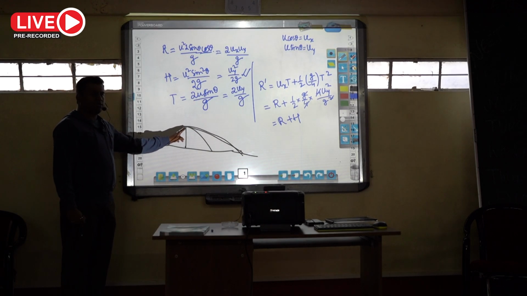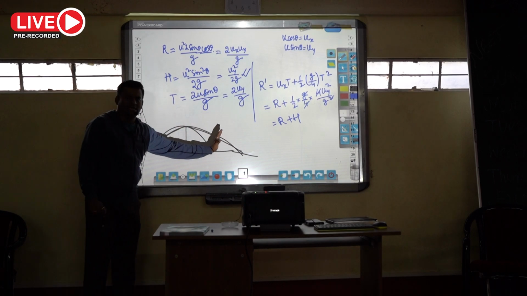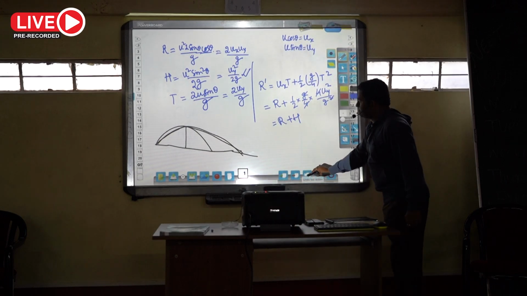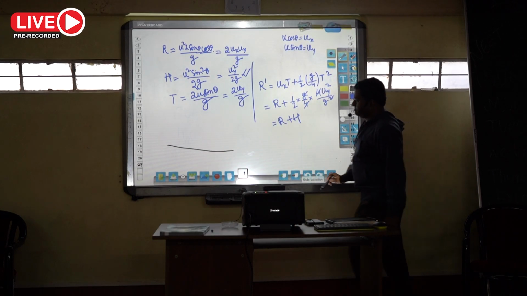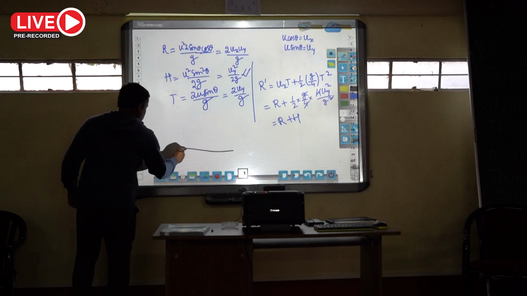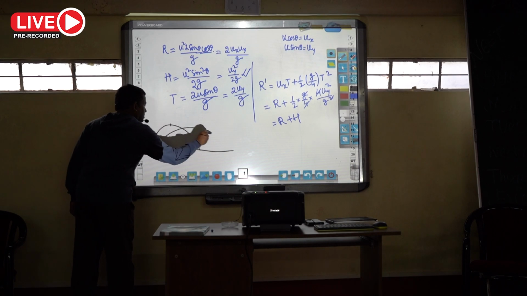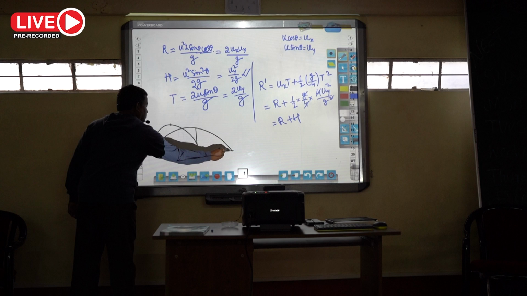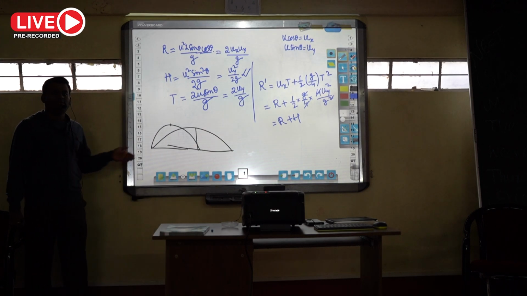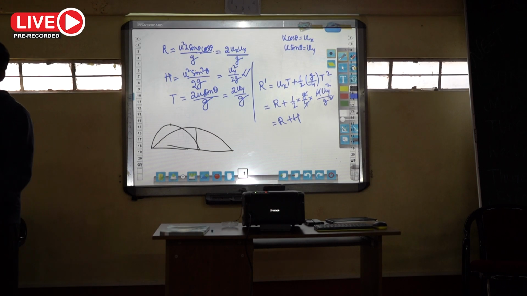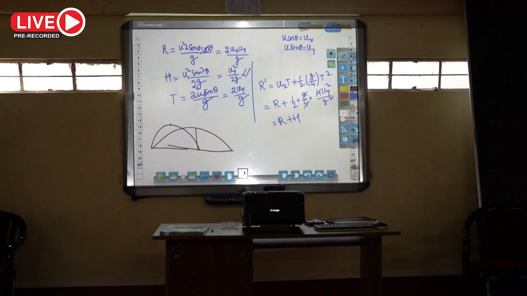A maximum height I draw here, but it may not be here, it may be here, so better to draw it in this way. Previously like this. Now the same height but here additional range will be increased. An increase in range by the same amount as that of the maximum height, r plus h.